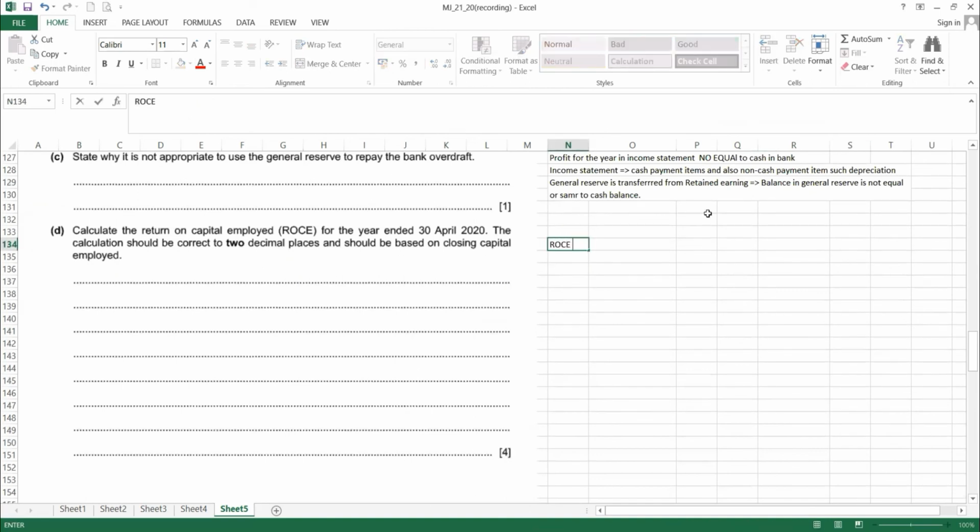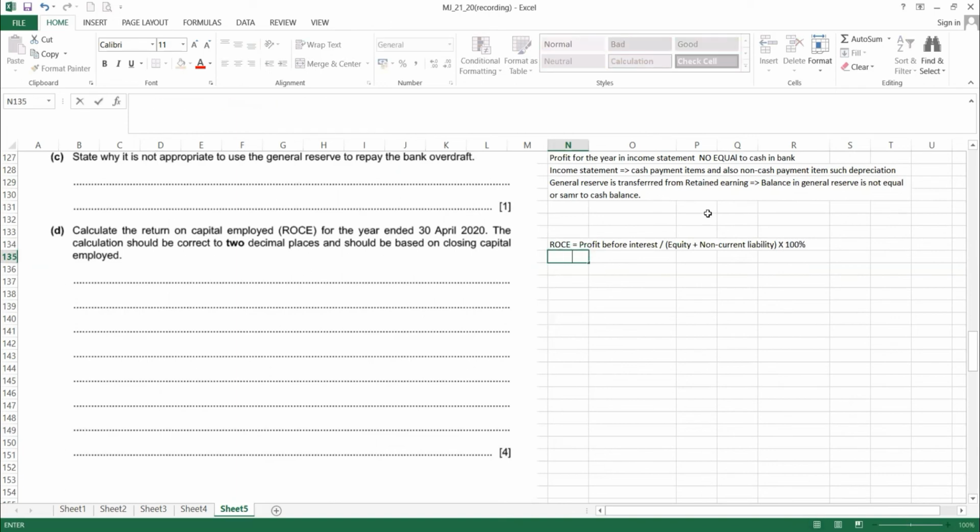ROCE, the formula is profit before interest divided by equity plus non-current liability, times 100%.